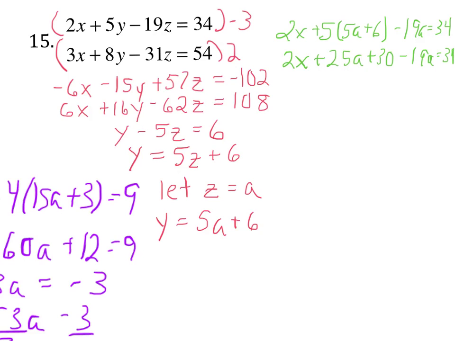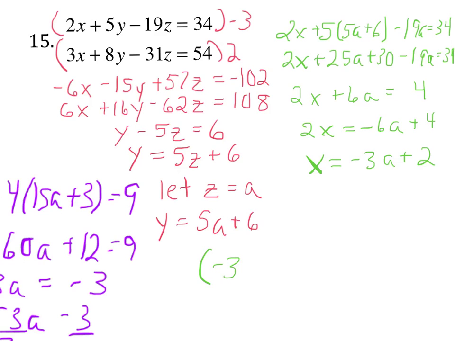So we have 2x plus 6a equals 4. So 2x equals negative 6a plus 4. So x equals negative 3a plus 2. So our final answer: negative 3a plus 2, 5a plus 6, a.